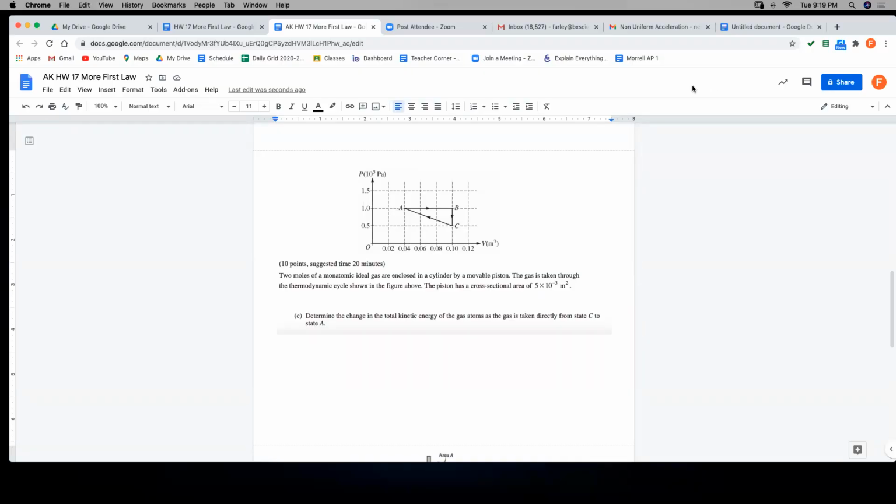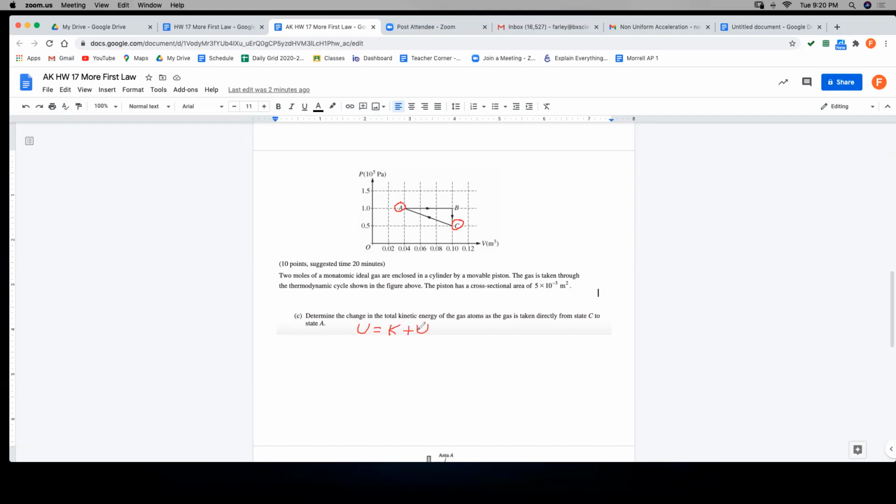And then lastly, it asks us what is the change in the total kinetic energy of the gas as it goes from state C to A. Well, in a gas like this, internal energy is basically kinetic energy plus potential energy.